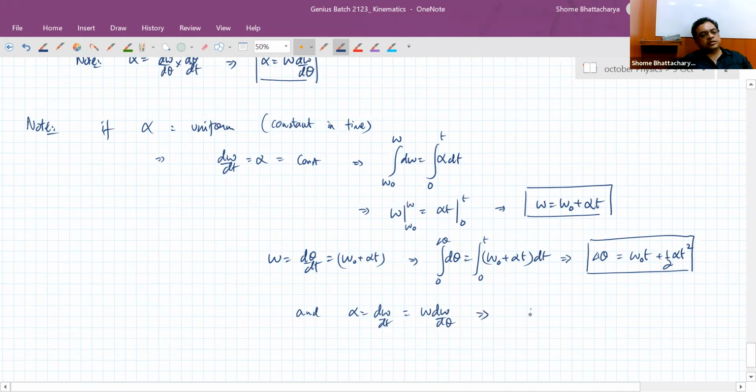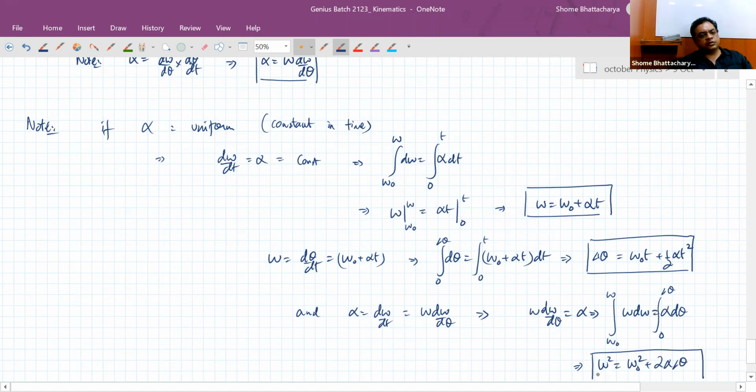We integrate this and get these types of equations.